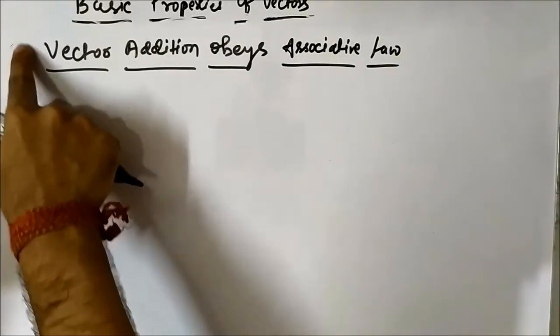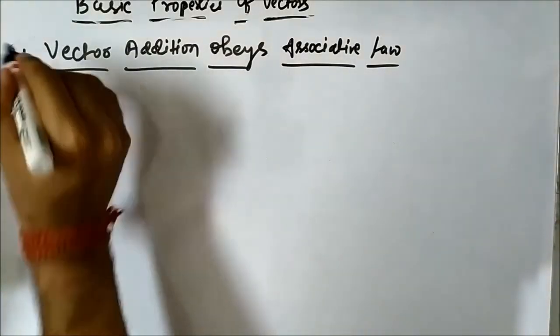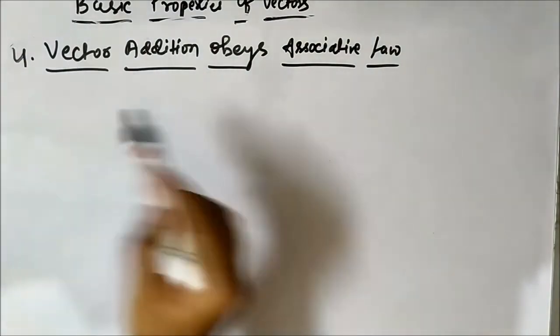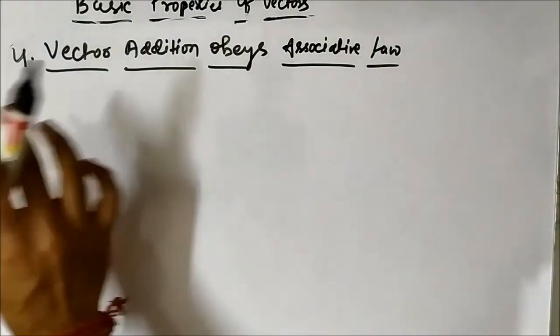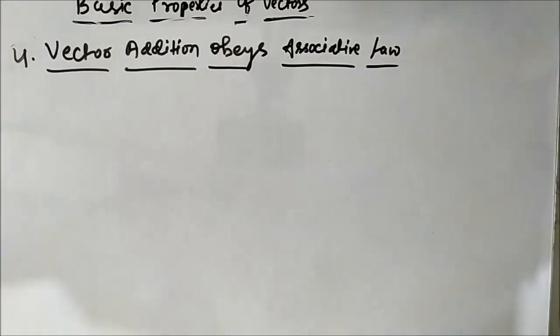So now we'll discuss the fourth property related to vectors. Again, this is vector addition, which is that vector addition obeys the associative law.